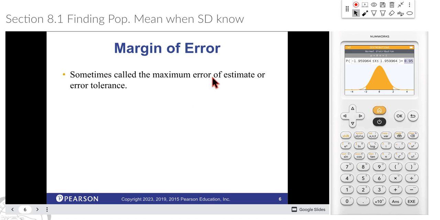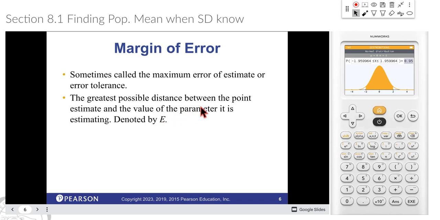And we think of the margin of error as the maximum error or estimate of the error tolerance, and that's part of how much error we are willing to accept. The larger the confidence interval, the larger the potential errors, right? The greatest possible distance between the point estimate and the value of the parameter it's estimating. So we're going to use the letter E to stand for margin of error.